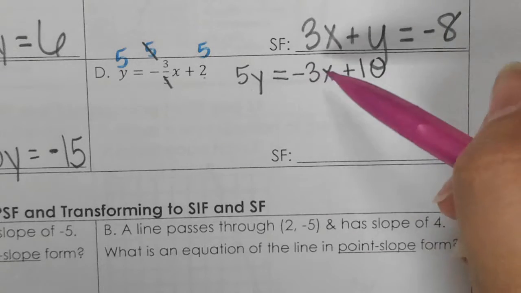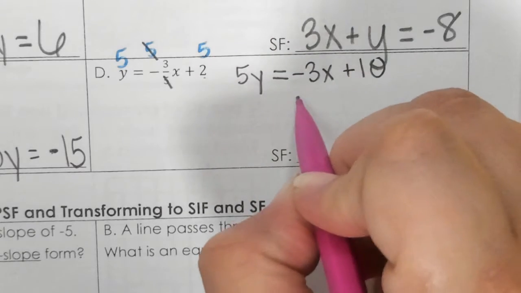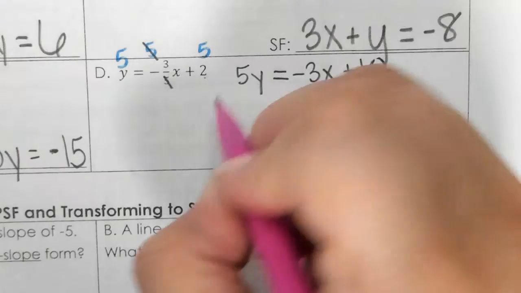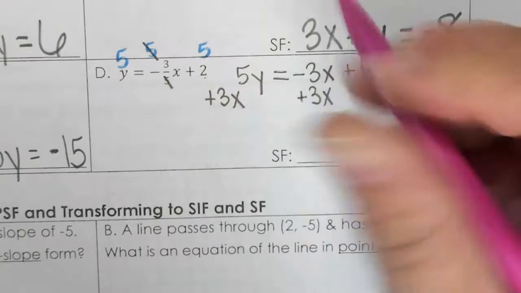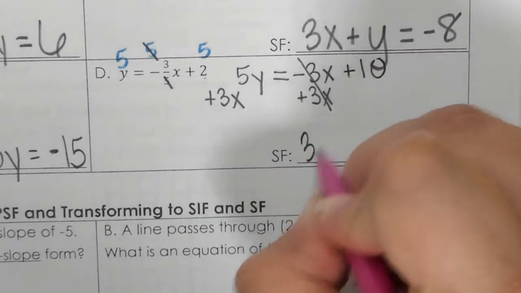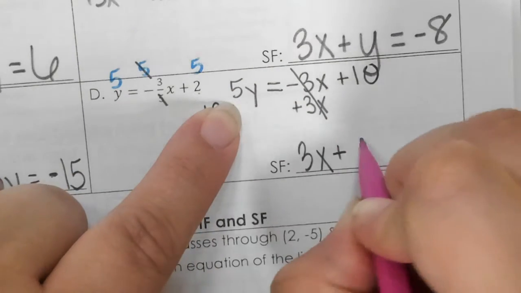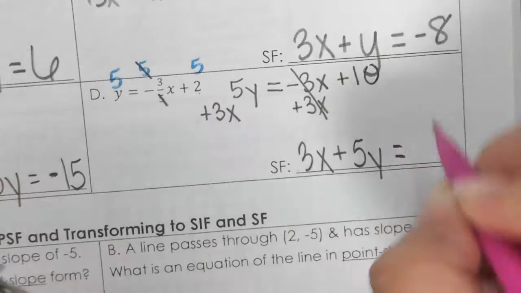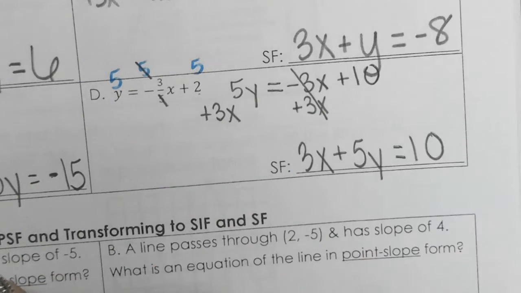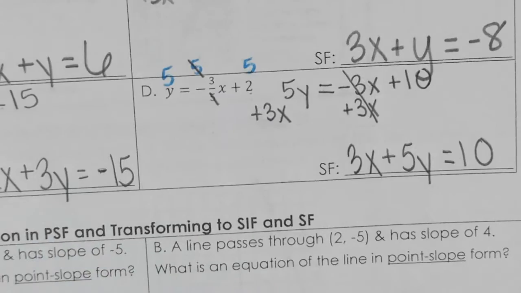So now, to get the x to the other side, we need to add our 3x. So we have 3x. The 5y is positive, so plus 5y equals positive 10. So that is going from SIF, slope-intercept form, to SF, standard form.